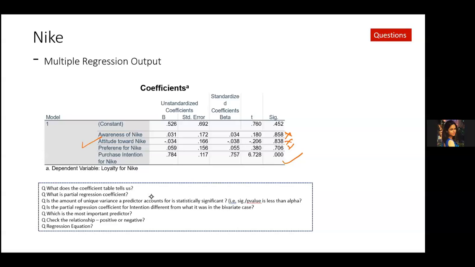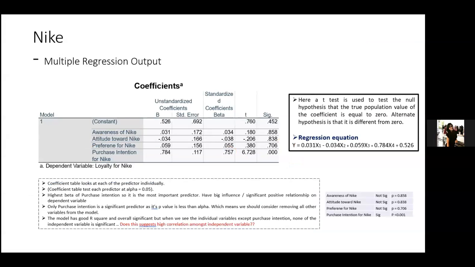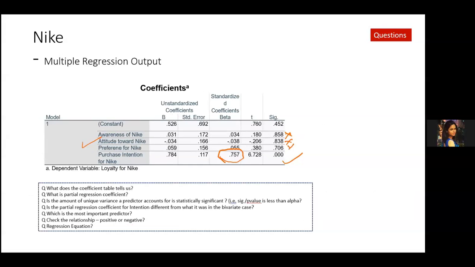Okay, which is the most important variable, as in, which will impact my dependent variable the most? Purchase intention for Nike. Yes, purchase intention, because the beta value is highest, 0.757.